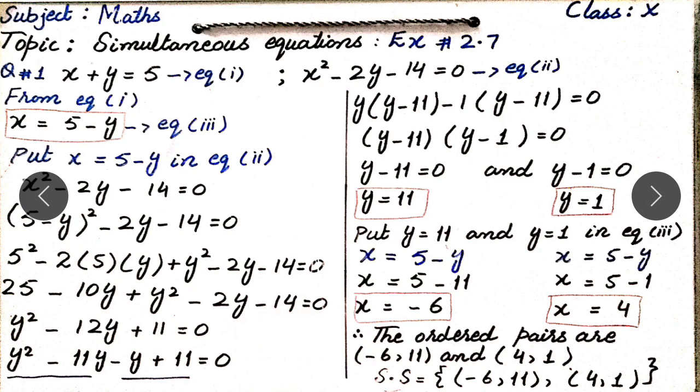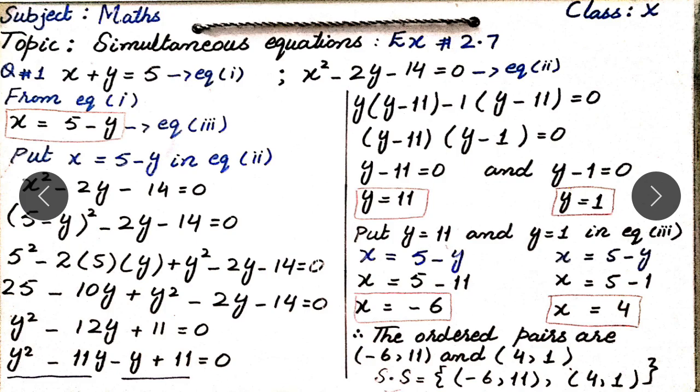Now you are going to arrange this in quadratic form. We can write the quadratic term first, then minus 10y and minus 2y will be minus 12y. Then 25 minus 14 will result in 11. Here we can see that we have three terms, so we can apply the middle term partition, where by multiplication we get 11 and by addition or subtraction we get 12.